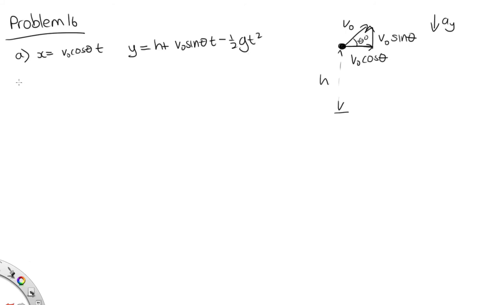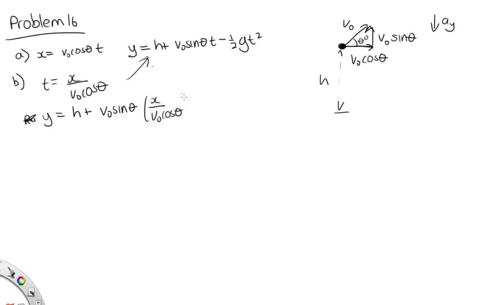Okay, in part B we're asked to eliminate t to find the range. So part B, we can rewrite this as t is equal to x over v naught cos theta. And then we substitute this into this equation. So we have the distance travelled is equal to h plus v naught sine theta times x over v naught cos theta minus a half g times x over v naught cos theta, squared.